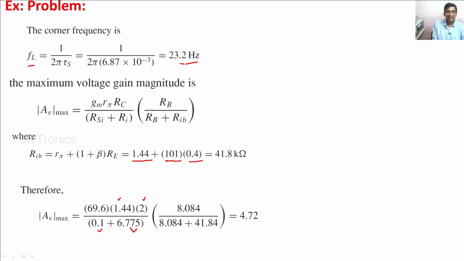The Rb value, the parallel combination of R1 and R2, is equal to 8 kilo ohms, divided by R1 parallel R2 plus the Rib value 41.8 kilo ohms. Therefore, we can get the maximum voltage gain as 4.72, which is a unitless parameter.